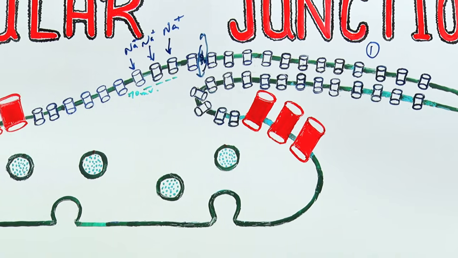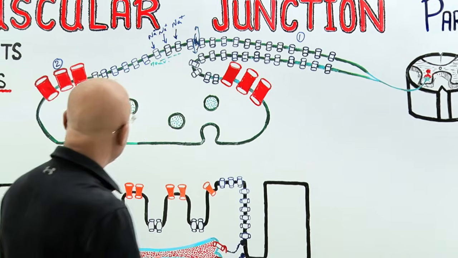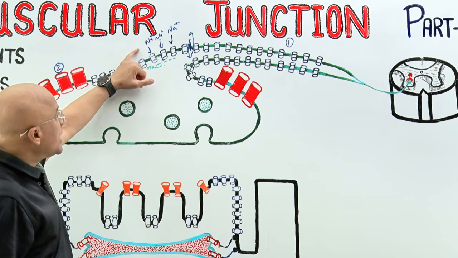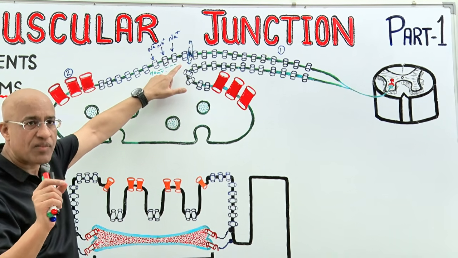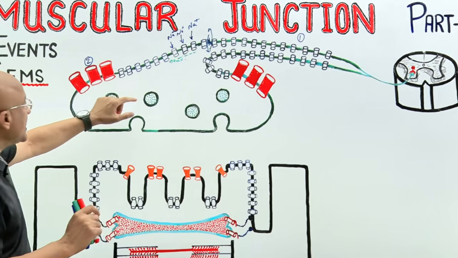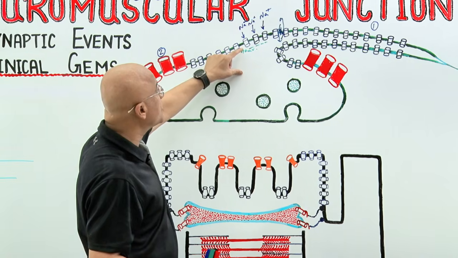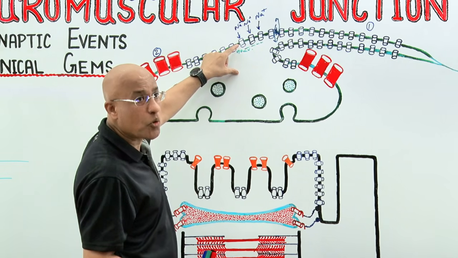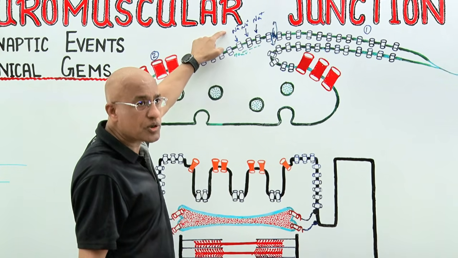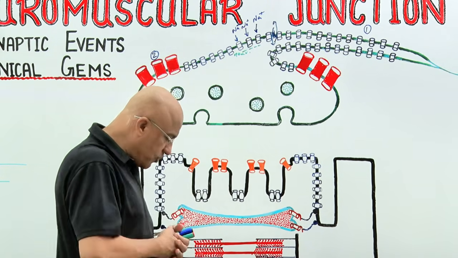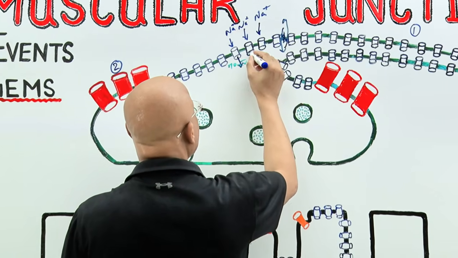So the extracellular environment is rich in sodium and the intracellular environment is rich in potassium. So when the neuron membrane is properly excited, voltage sensitive sodium channels open. Naturally, sodium will move from high concentration to low concentration, so very rapidly there will be an influx of sodium.